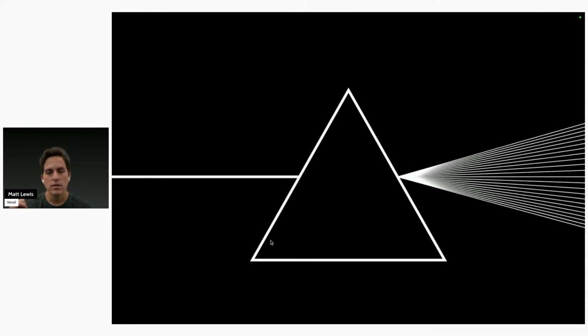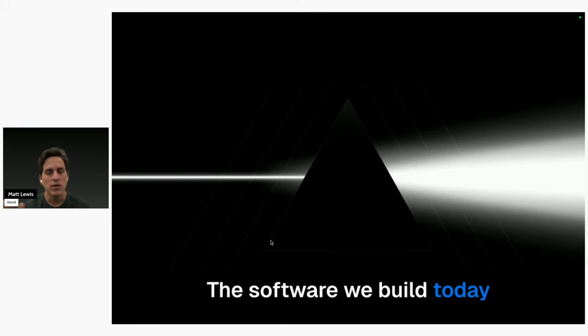But not only do they help us with this one to many outputs, they help us fill in the gaps in our systems. So all of those edge cases that we could not think of, or weird incidents that might have occurred, we start to be able to build software that looks more like this.